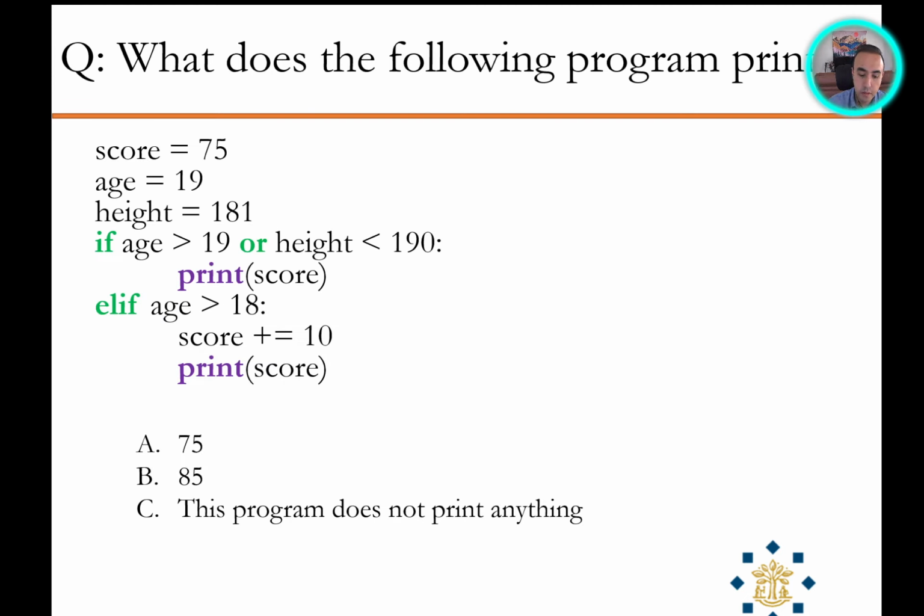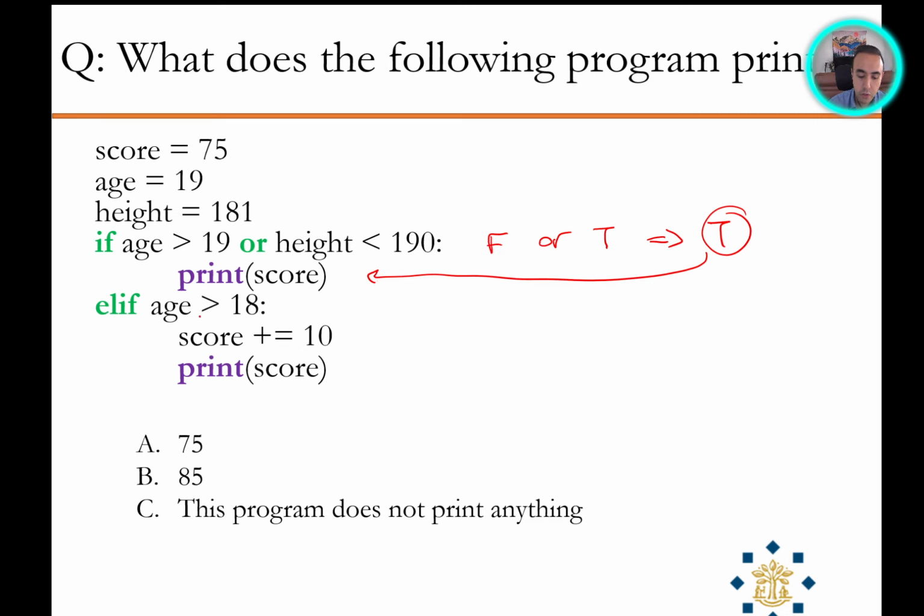Okay. Here, this one is false, or this one, 181 less than 190, that is true. A false or a true, we said just one is sufficient. So here it's true, so we are in there.